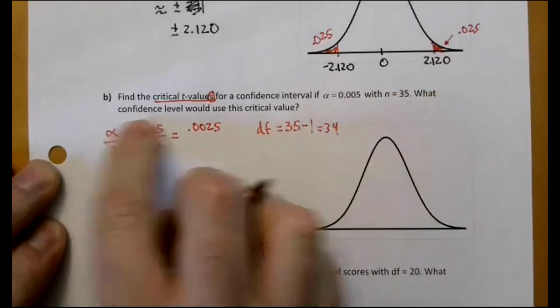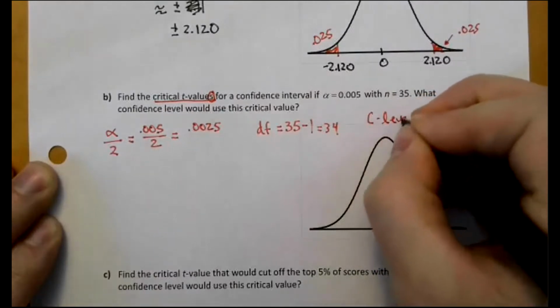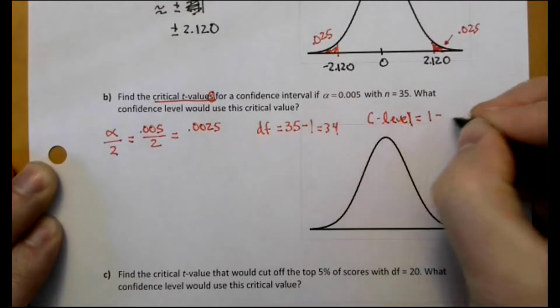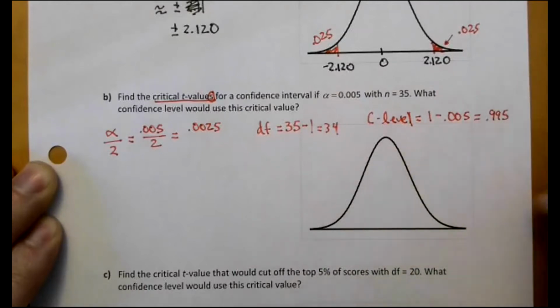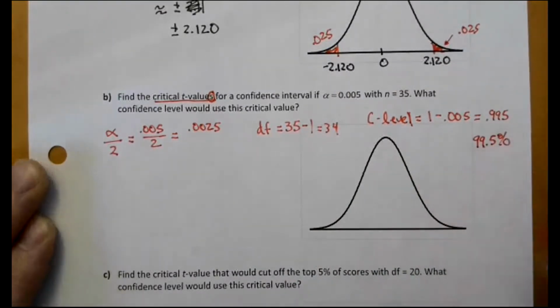Note it says what confidence level would we use? We'll recall that the C level is the complement of alpha, so that's equal to 1 minus alpha. In this case, that's 0.995, or 99.5%.